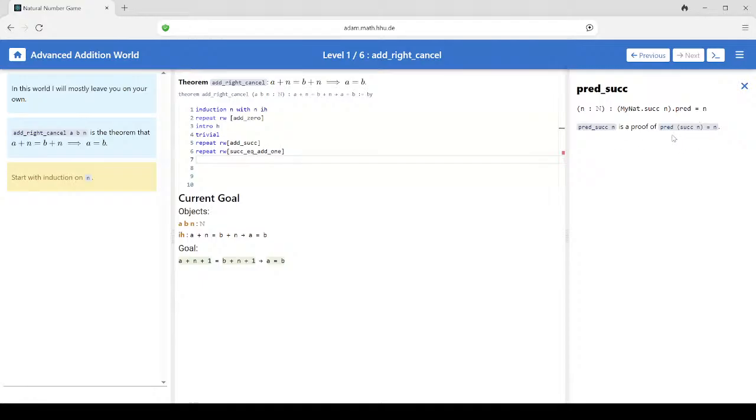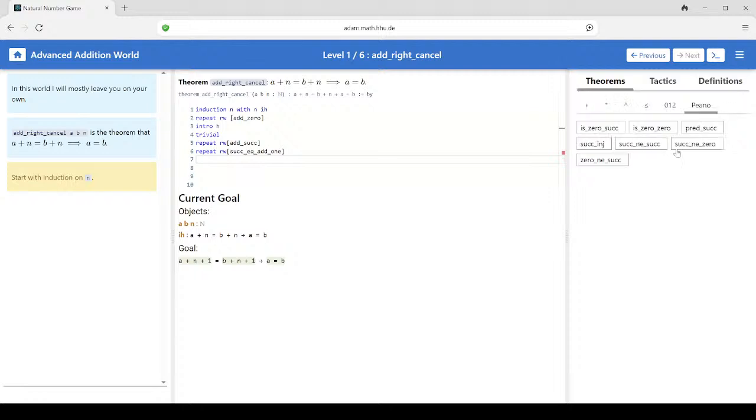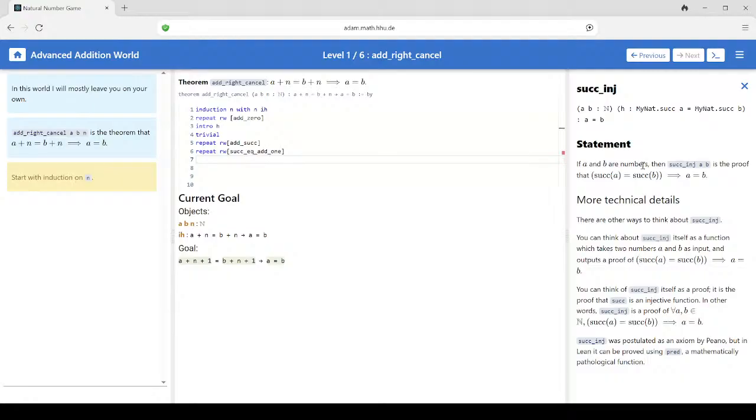This is the proof that the predecessor of a successor is the thing itself. Is the proof that the successor of A equals the successor of B implies that A equals B.